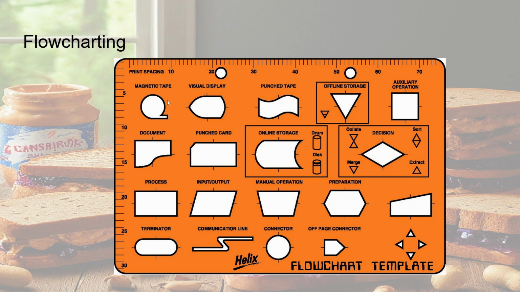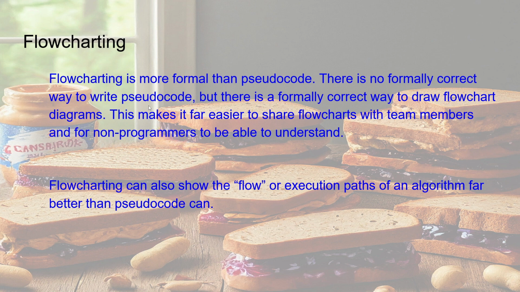Magnetic tape is actually one of the best long-term storage solutions that we still have. By orders of magnitude, this is legitimately the best long-term mass data storage medium that we currently have. But there's a very formally correct way to do flowcharting.